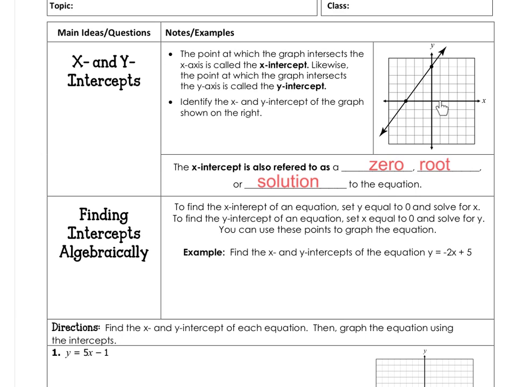If you think about the x-axis here, y equals 0 all the way along there. So if we want to find this point, then we just set y equal to 0. Same with trying to find the y-intercept. We set x equal to 0 because x equals 0 all along the y-axis. All right, so let's do that for this example, and then I'll work the first two problems, and then you have the back to do.